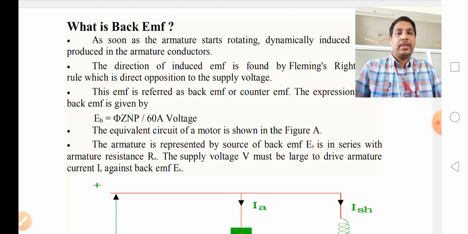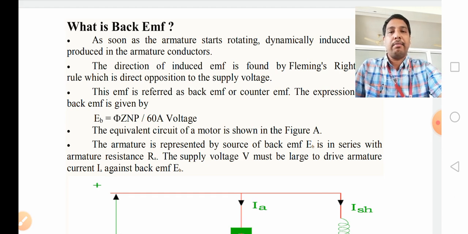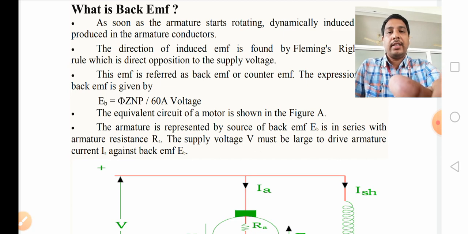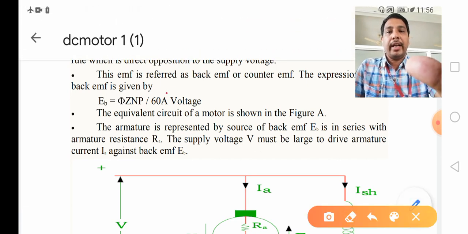In the generator case, we calculated the generated EMF, and EG is equal to ΦZN by 60 into P by A. So this is the value we are getting. Here, EB is also the same value: EB is equal to ΦZN by 60 into P by A. So whatever expression we get for the generator EG, the same expression we can use for the EB value also.